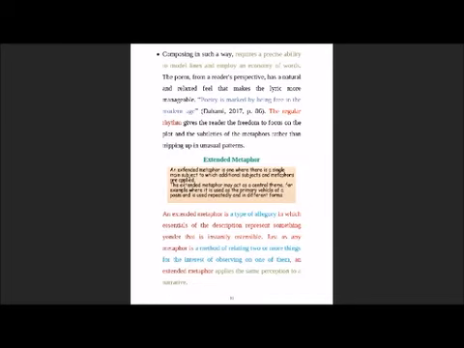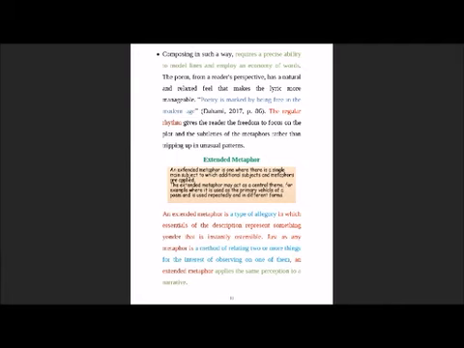Even when we say limitations, we mean limitations in the writing of the lines. But in understanding the meaning, it is great. It is not a flaw, but greatness. Composing in such a way requires a precise ability to model lines and employ an economy of words, and she succeeded in that.